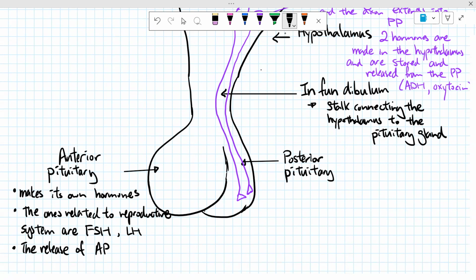The release of anterior pituitary hormones is regulated by the hypothalamus.